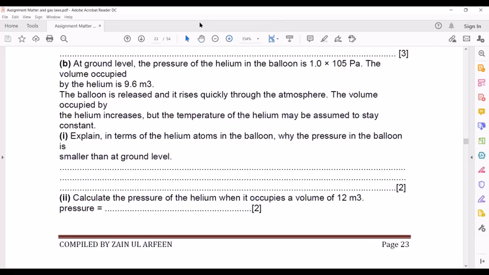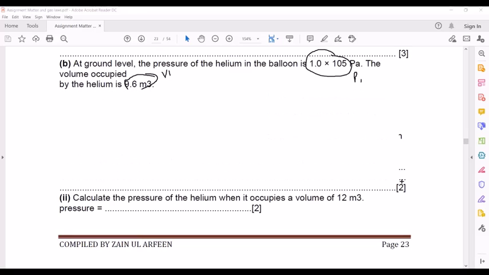So we have the first volume. This is the first pressure, P1. We have the first volume when it is released from the ground, V1. We need the pressure when the volume is 12 meter cube. So again, we will use the formula P1 V1 equals P2 V2.